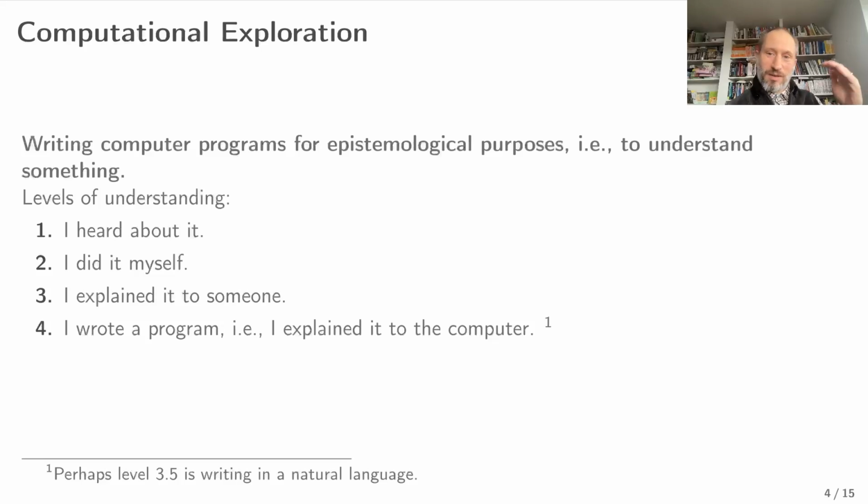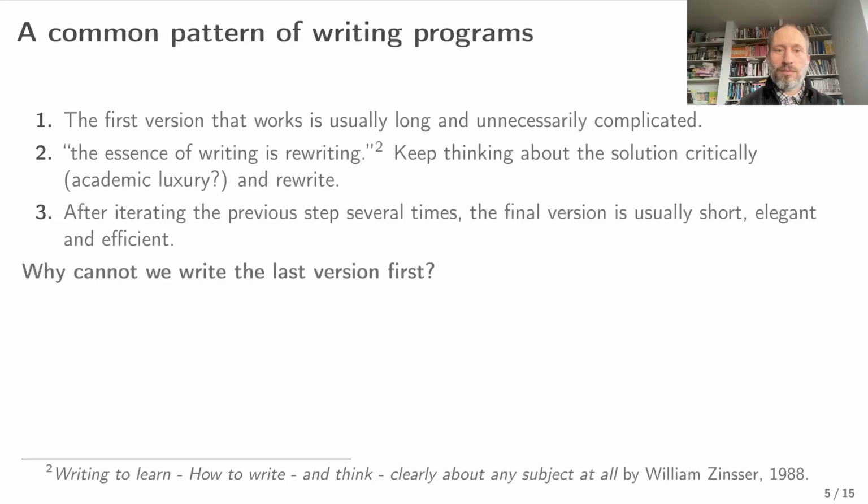And perhaps between levels 3 and 4, we can put writing in a natural language. It's a little bit easier because it's more forgiving, but it's sort of the same idea.